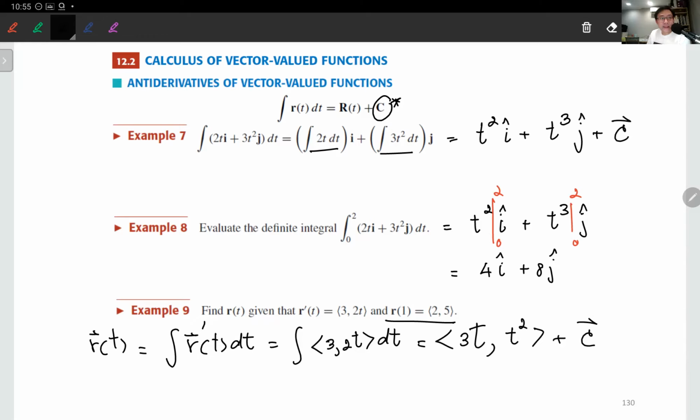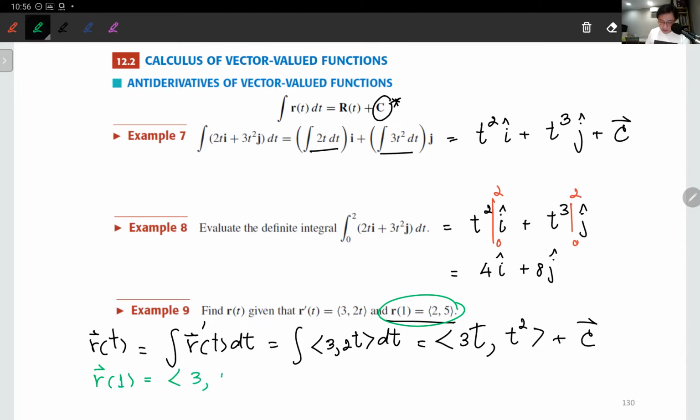All right. And what is this constant? Well, no problem. I have this information waiting for me right here. It says when t equals 1, the vector is going to be, from the upper line here, oops, sorry, I put t equal to t here. T equal to 1, I just substitute 1 in there.